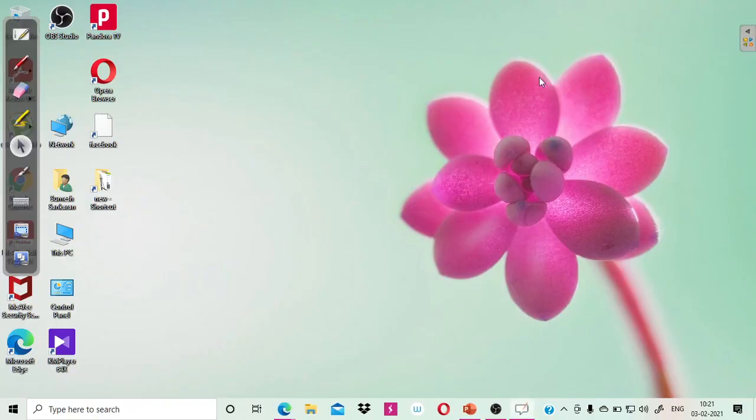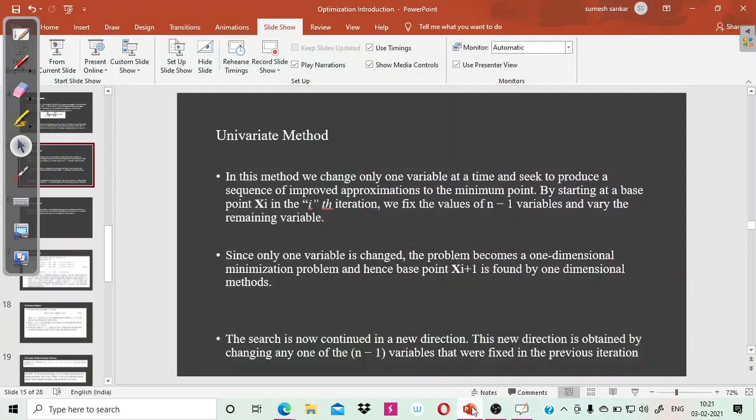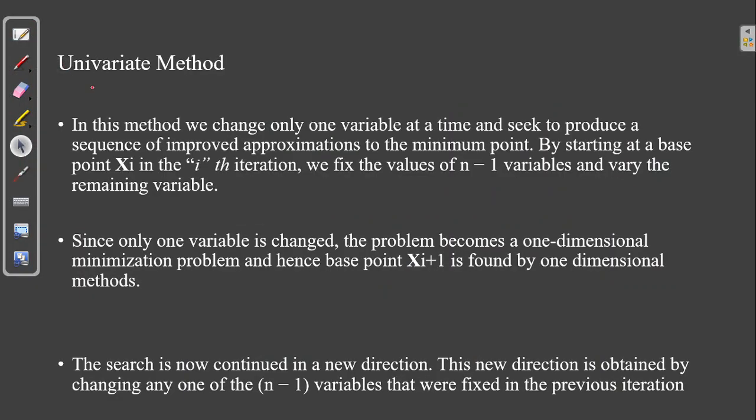In the univariate method, we change only one variable at a time, and seek to produce a sequence of improved approximations to the minimum point by starting at a base point xi.